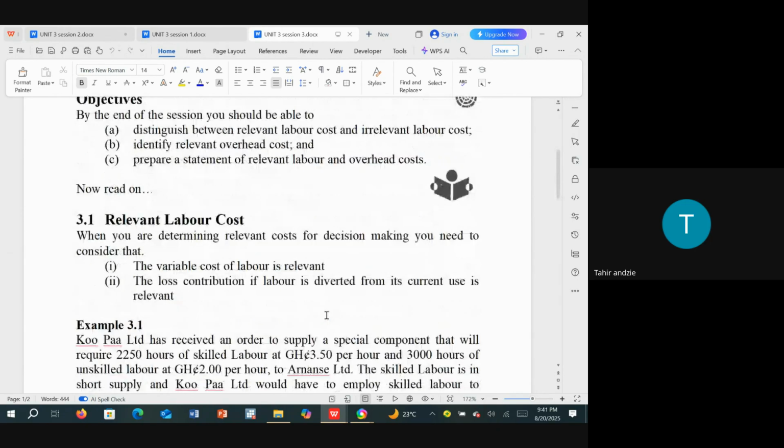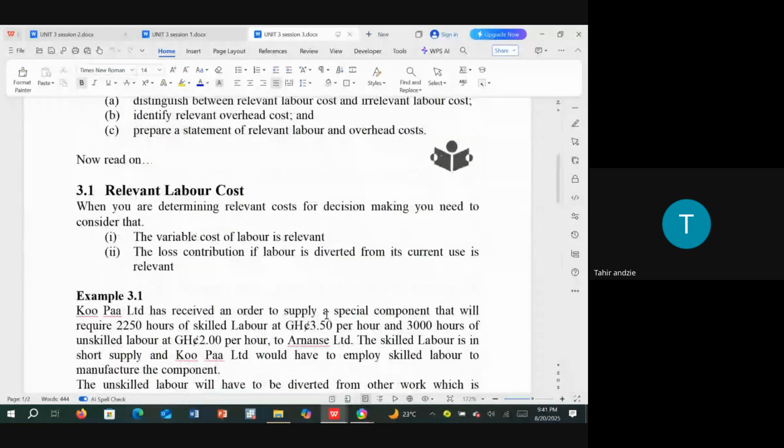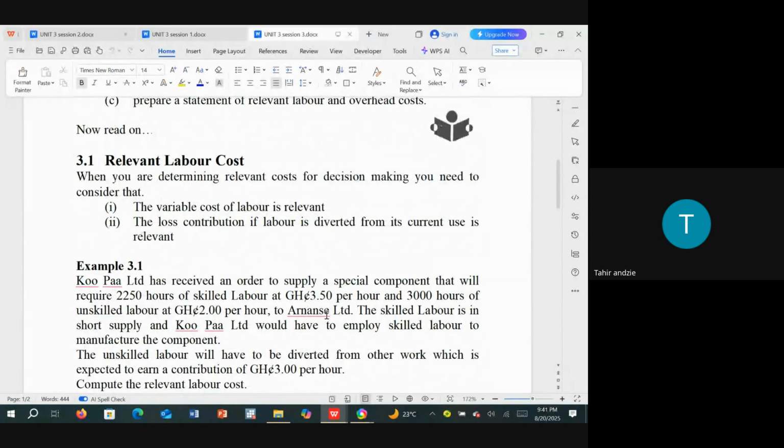So just as we went through with material and machine, we also have to consider some few points or factors to see whether labor cost is relevant or irrelevant. Now, when you are determining relevant costs for decision making, you need to consider that the variable cost of labor is relevant. When we talk of variable cost of labor, we are talking about additional cost of labor that you will employ for undertaking a particular decision or a particular project.